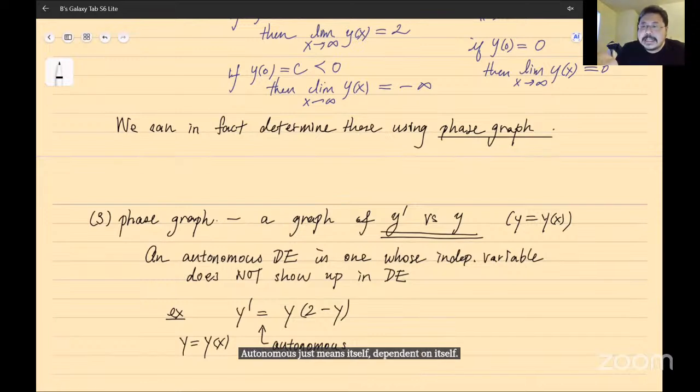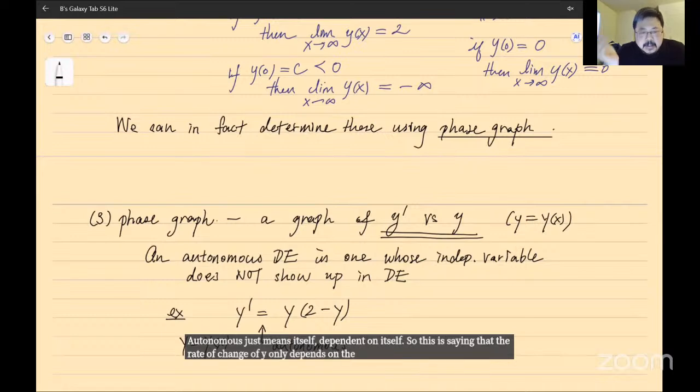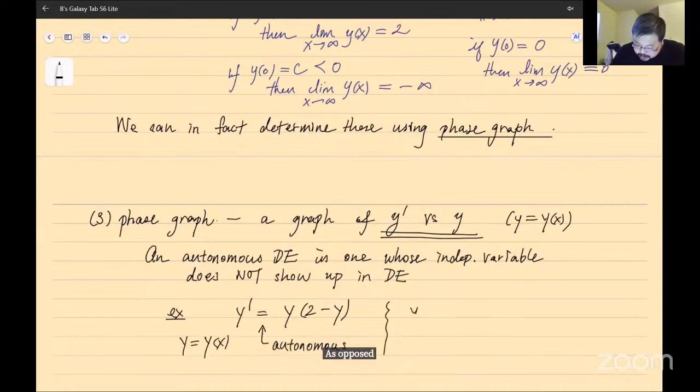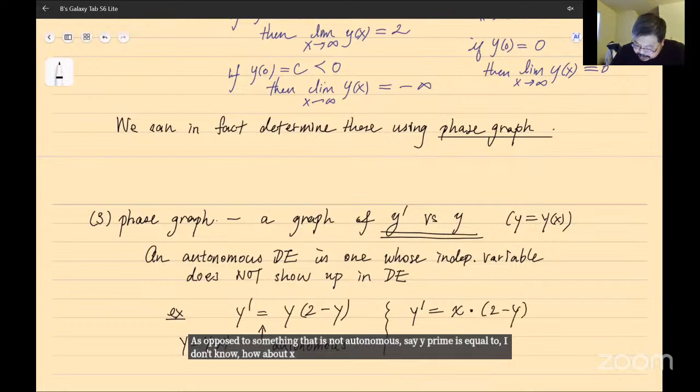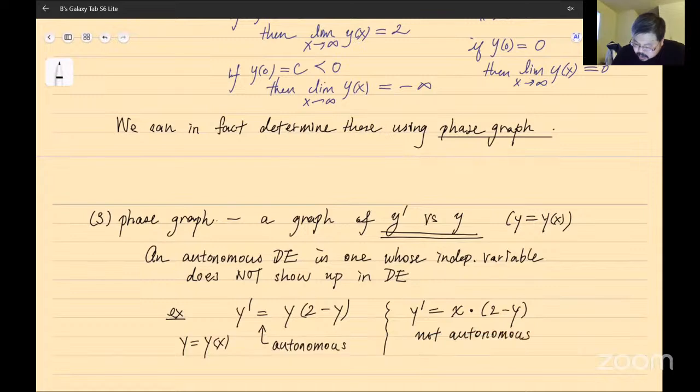So this is saying that the rate of change of y only depends on the value of y. As opposed to something that is not autonomous, say y prime is equal to, I don't know, x times 2 minus y. This is not autonomous because if we think of y as a function of x here, it depends on x as well as y.